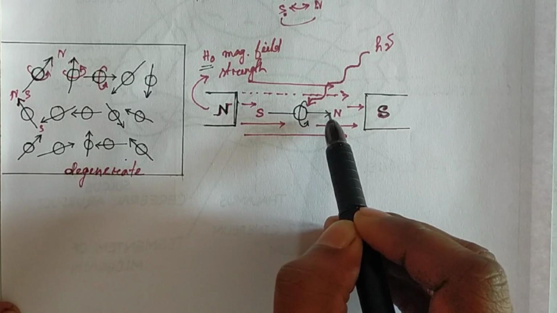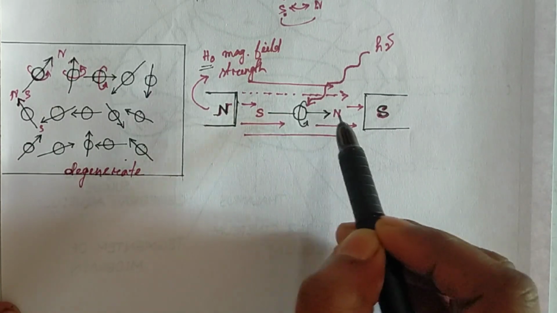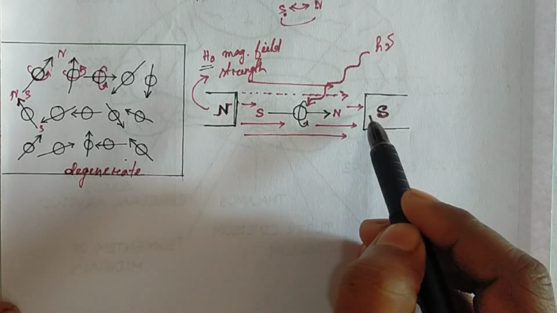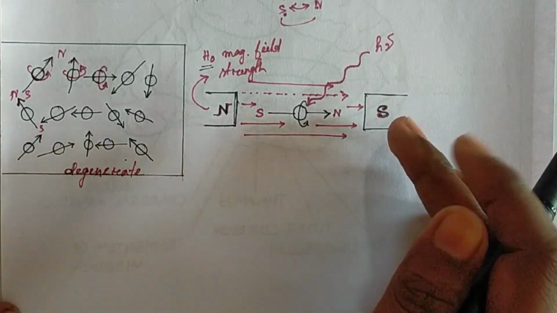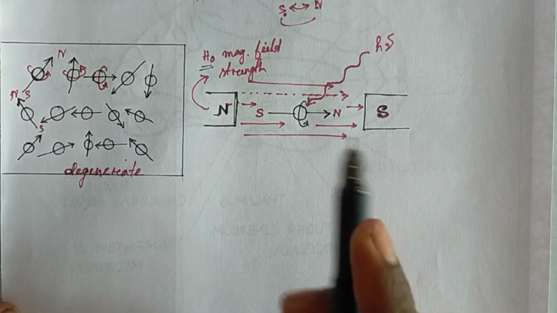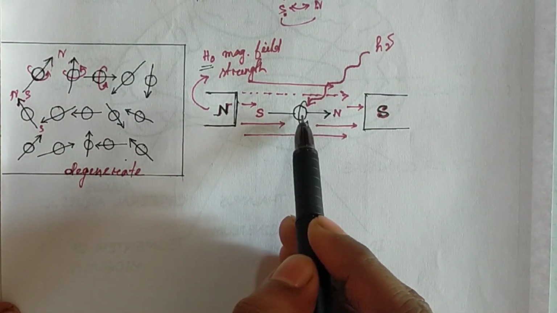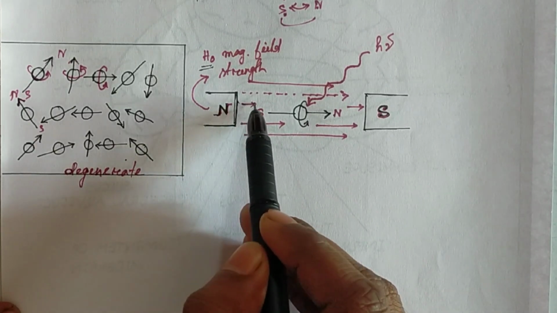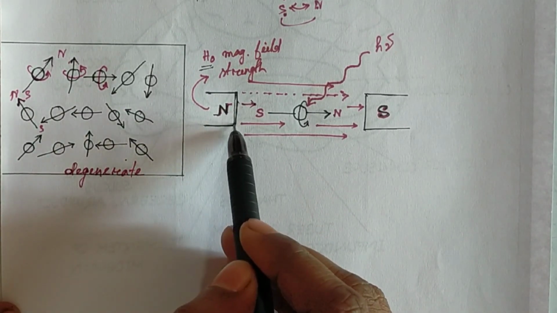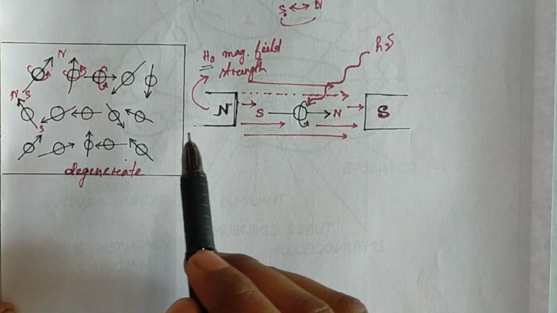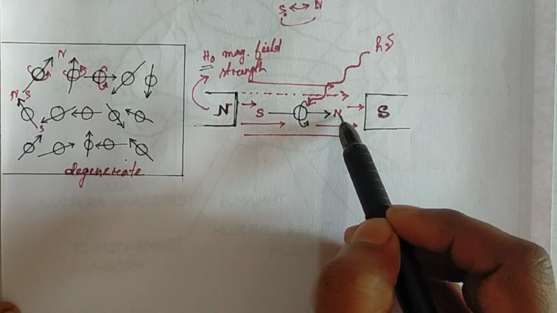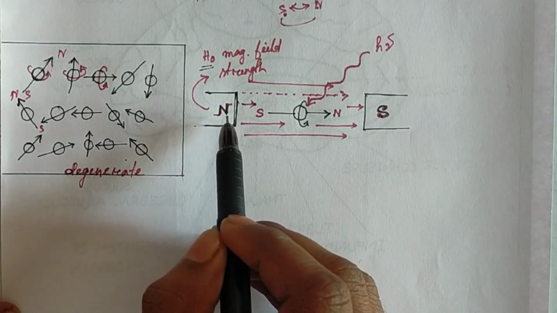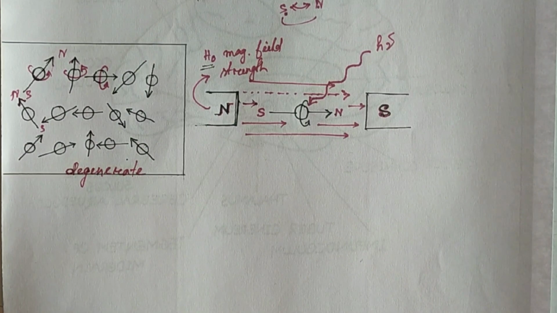The north pole of the nucleus will be towards the south pole of the external magnetic field, and the south pole of the nucleus will orient towards the north pole of the external magnetic field, because the north pole will be attracted by the south pole and the south pole will be attracted by the north pole.